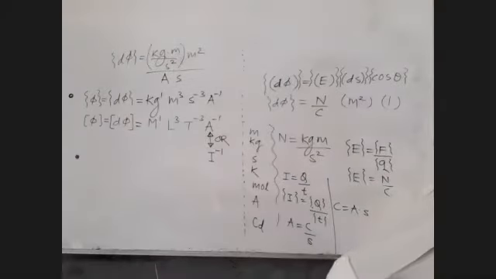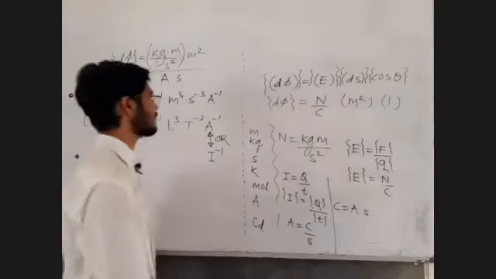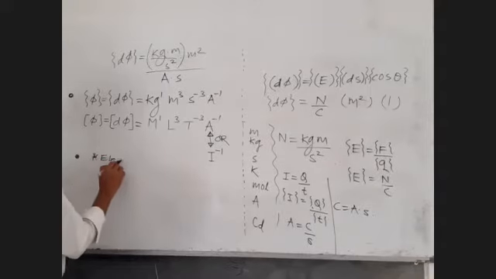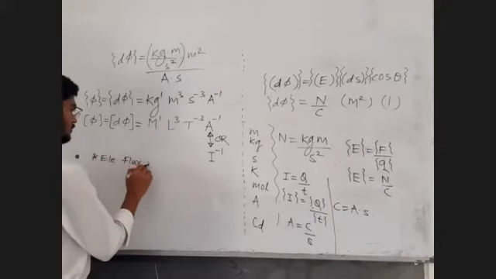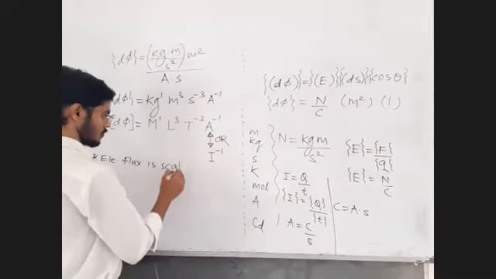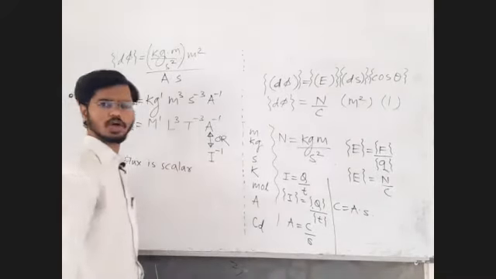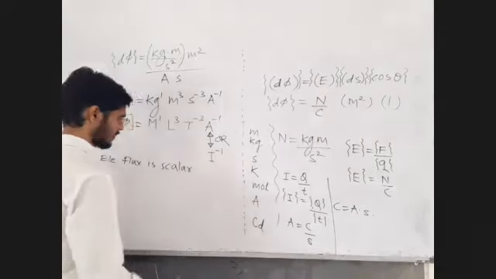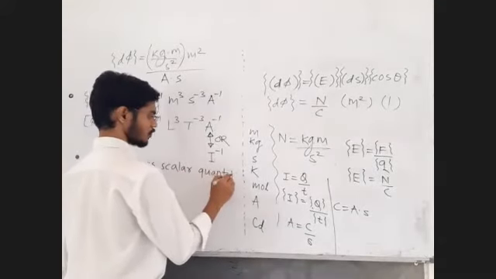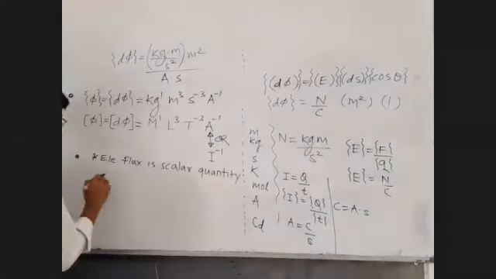Next. Electric flux is scalar or vector? Write down. Electric flux is a scalar quantity. It is a dot product, right? So it is going to be scalar. Dot product of two vectors is a scalar quantity. Of course, it can be positive, negative, or zero.